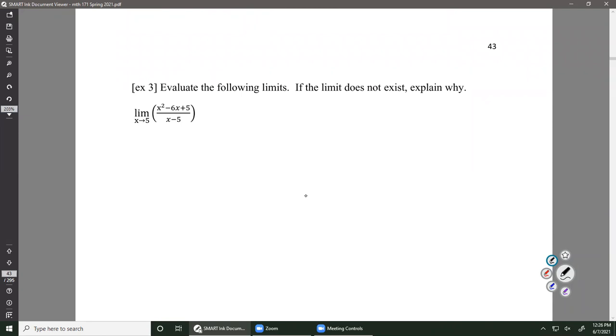And again, I'm going to work this with you guys. If we just plug 5 in, so if I said that this equals f of 5, when you plug this in, what you get is 0 over 0, so it does not exist.